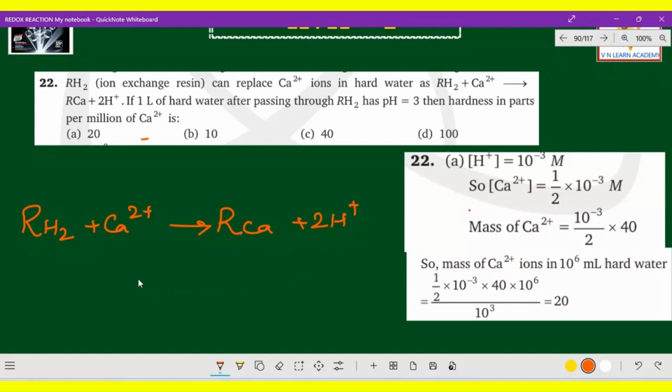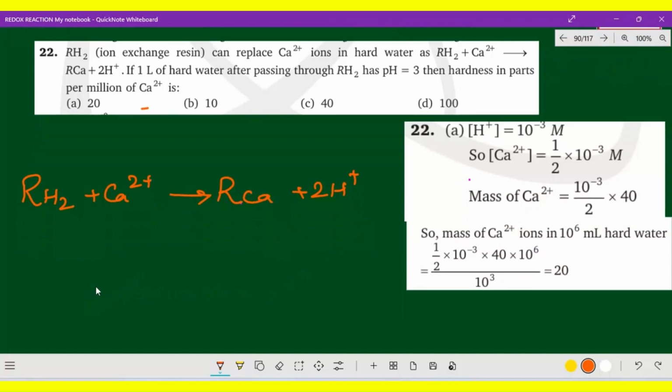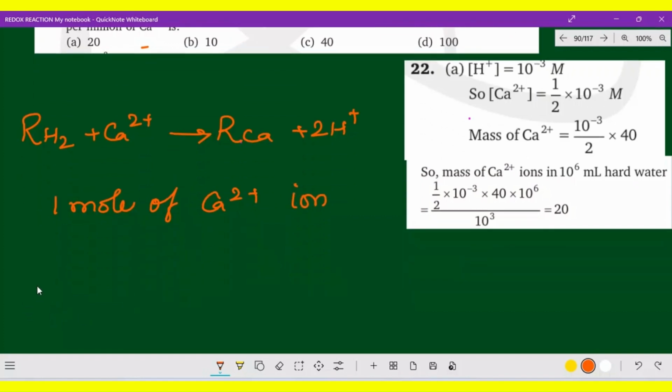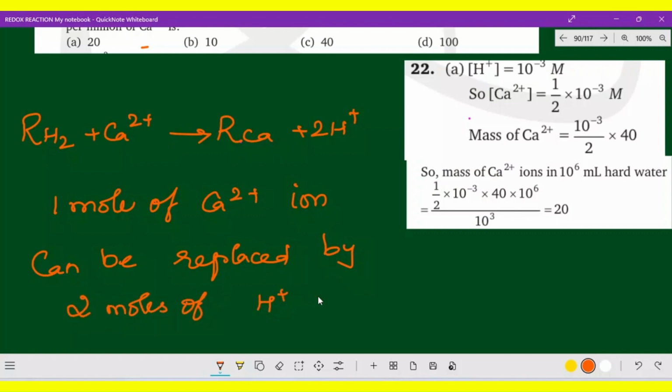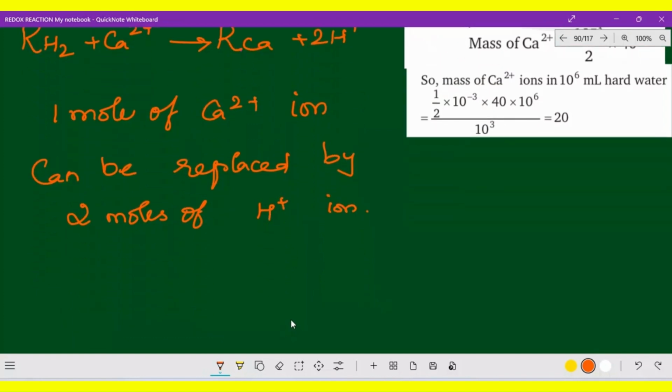Here, 1 mole of Ca2+ ion can be replaced by 2 moles of H+ ion.